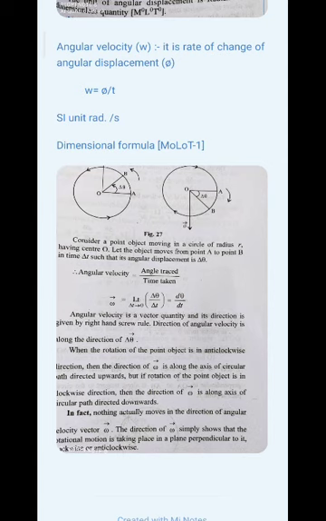Now consider the sense: if the point is moving in the direction from A to B, that is anticlockwise, we take the angle as positive, and if it moves in the opposite direction, it is negative. The direction of omega, angular velocity, is given by A cross B, that is, perpendicular to the plane containing the radius vectors OA and OB.